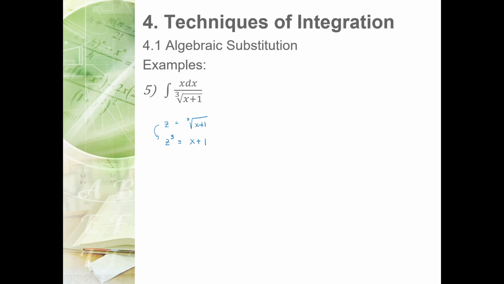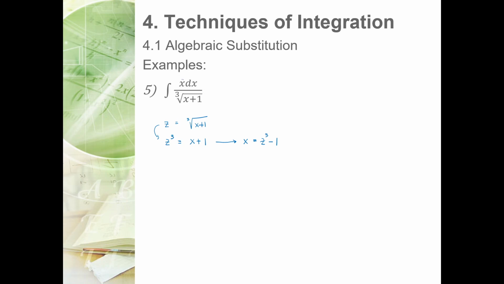You can try to isolate x directly, so x equals z cubed minus 1. Then getting the derivative, either of the two is the same. The purpose of this one is just to isolate x.